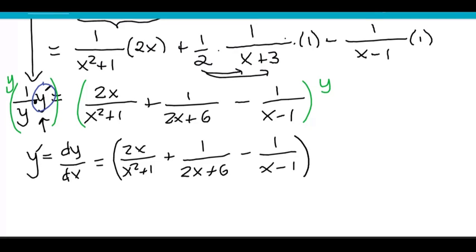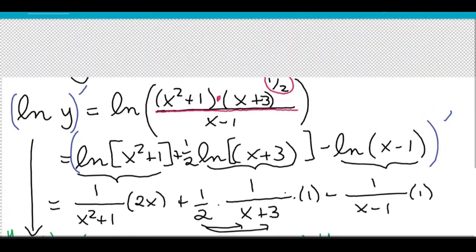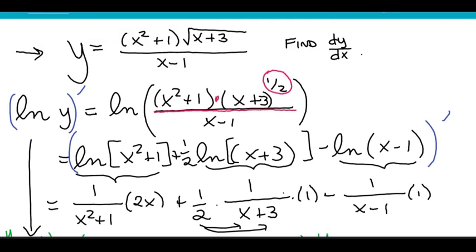However, I don't want to write this in terms of y if I can rewrite it. And I can rewrite it if you go back to the beginning here. We know what y is. We know that y is this whole thing right here. So where I'm multiplying by y in my final answer, I'm going to substitute what y equals into my final answer.